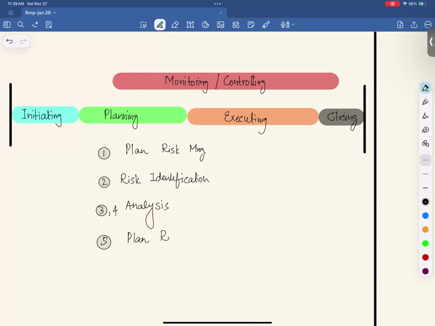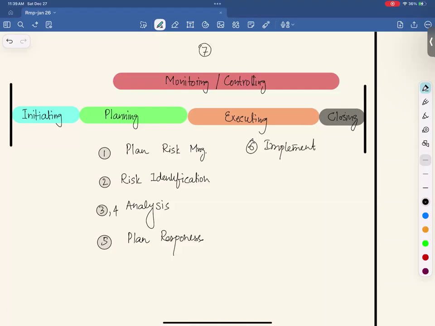Again, it is planning, right? Then we have implement. So implementation is done here. And then we have monitor. Monitoring is done during monitoring and controlling. Ahmad, is it clear? You understand?